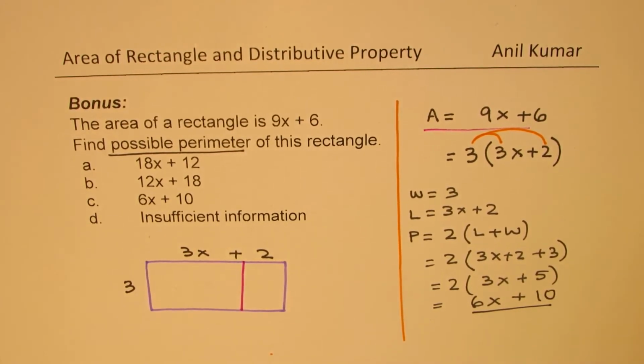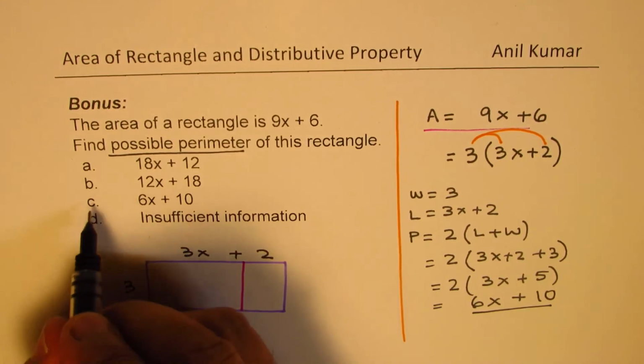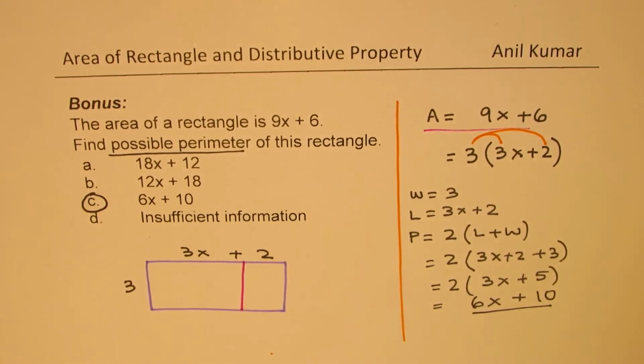So that becomes the perimeter. And amongst the options given, C is the option which matches. Do you see that? So that is how we can correlate area of a rectangle with its perimeter even when we have polynomials given as shown here in this example.